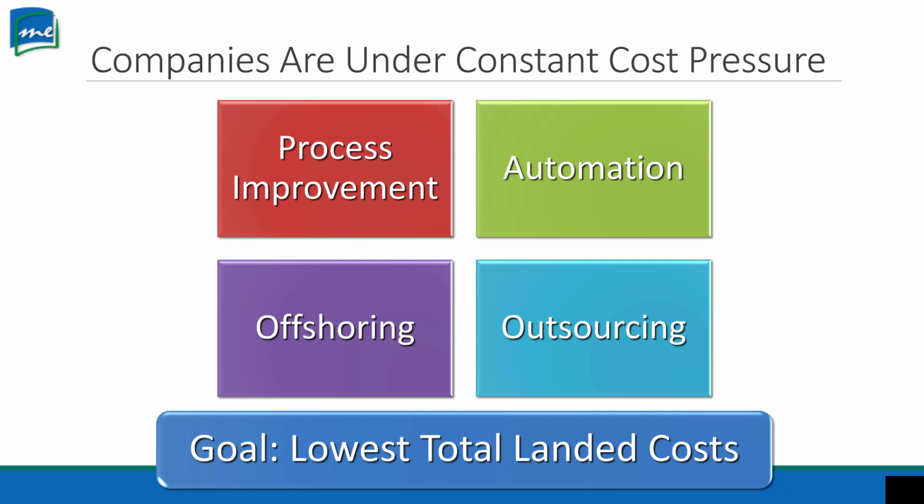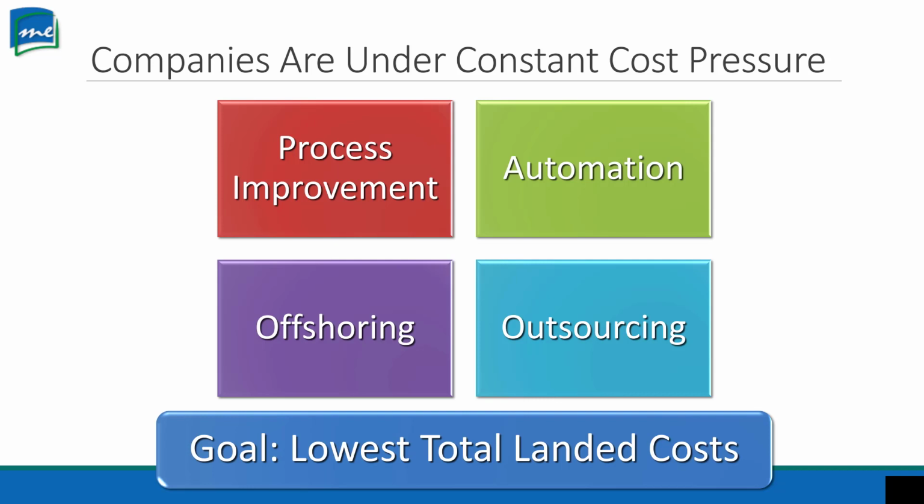Now we have outsourcing. You could have the best company in the world, but you are not the expert at everything. So outsourcing. You might be really good at manufacturing, but your company might be really bad at accounting. Well, you might outsource your accounting. Or you might outsource your marketing, or you might outsource your IT.